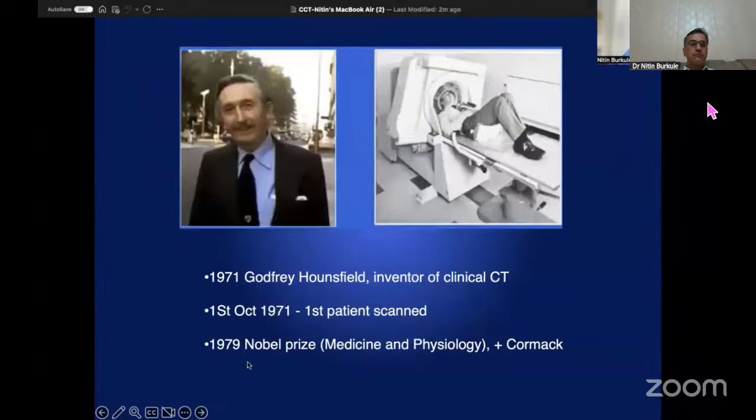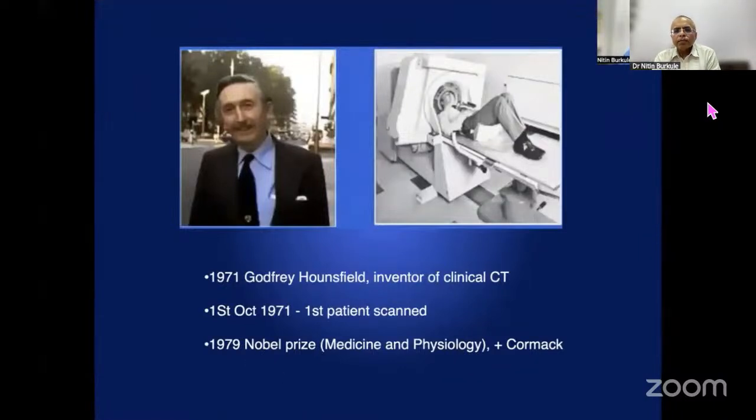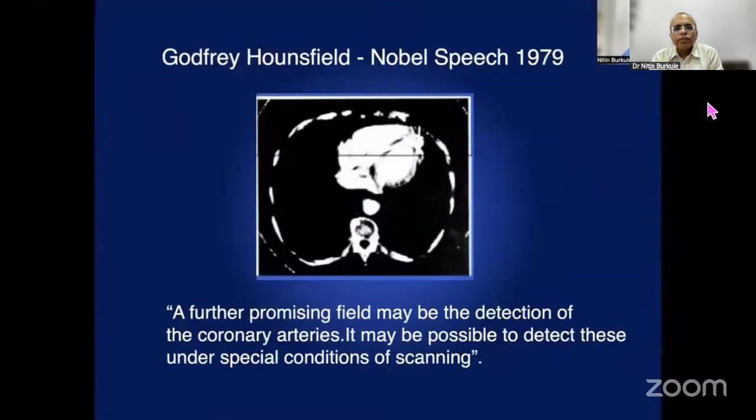He was awarded the Nobel Prize in 1979 for medicine and physiology. In his Nobel speech in 1979, he said, "A further promising field may be the detection of coronary arteries. It may be possible to detect these under special conditions of scanning." And that has really come true in this particular era.